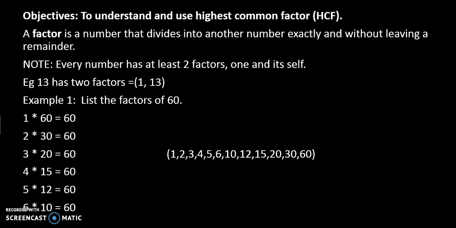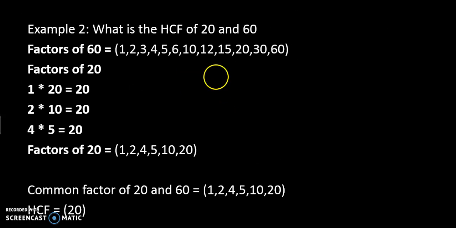Okay, let's try number 2. What is the HCF, or the highest common factor of 20 and 60? So from the previous example, we have seen the factors of 60 are these ones. What about the factors of 20? Remember, we said we look for those two numbers that we shall multiply together to get 20.